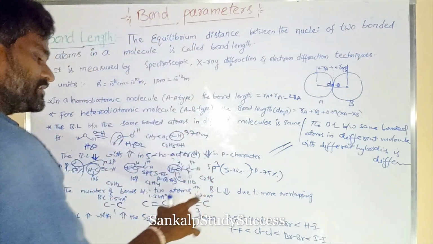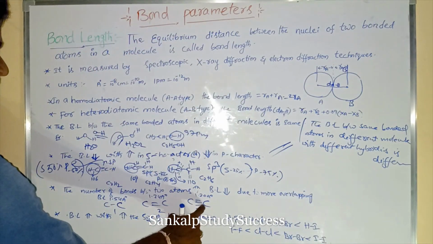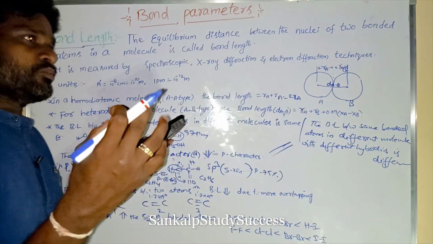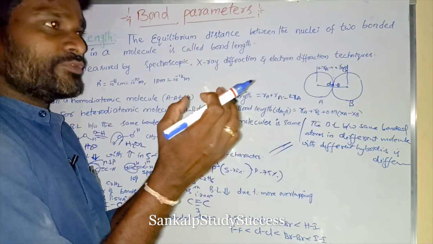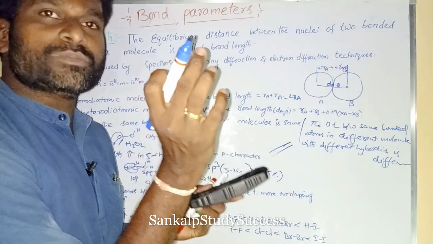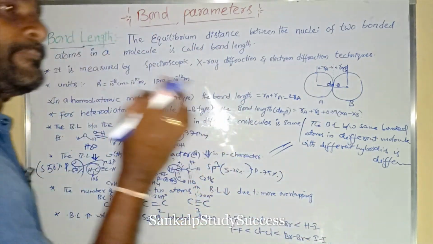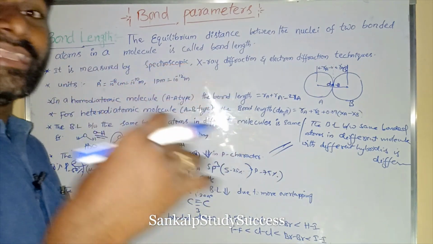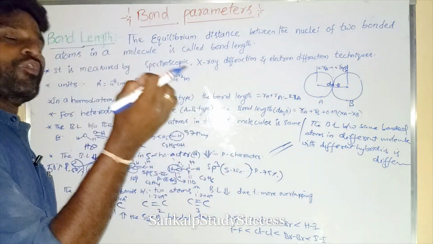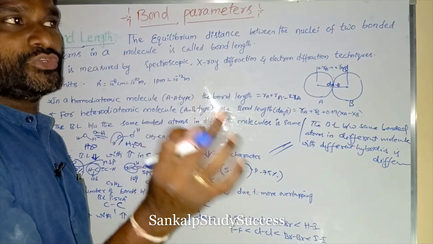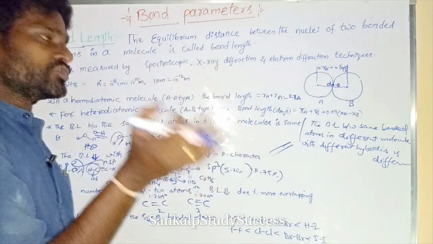So this is more overlapping. If the overlapping is more, then the atoms come to a very close distance, so the bond length decreases. So if the number of bonds between the two atoms increases, the bond length decreases due to more overlapping.